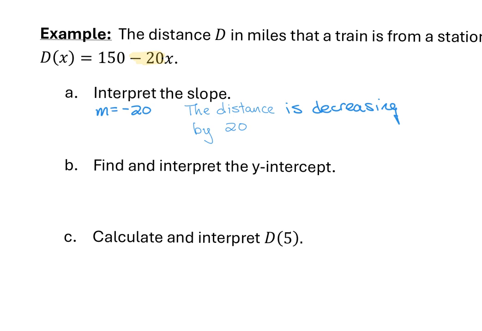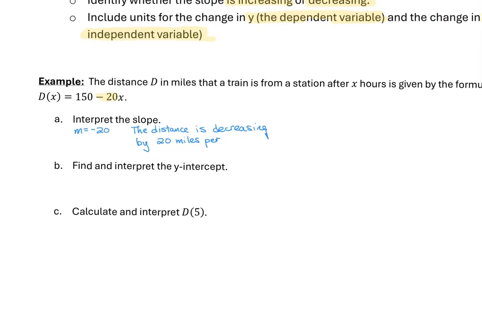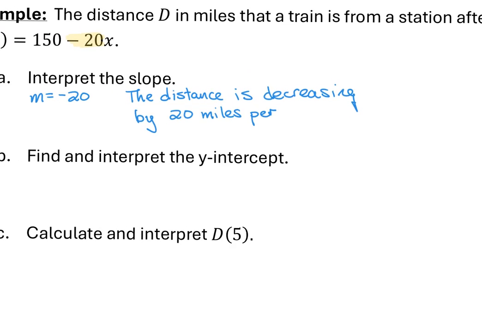Our units for the dependent variable, which is our distance, is miles. And then we need the units for the x, which is hours. So here we have the distance is decreasing by 20 miles per hour. We have the 3 things that we need: decreasing, and our 2 units, miles per hour.